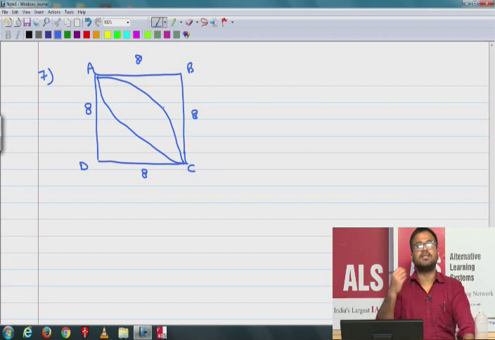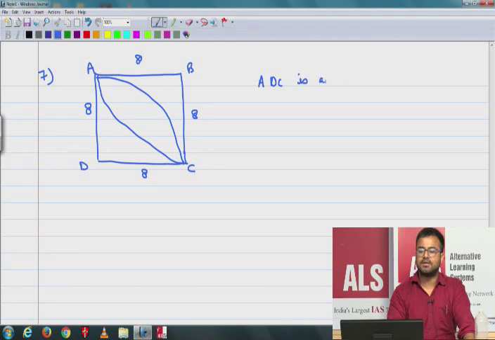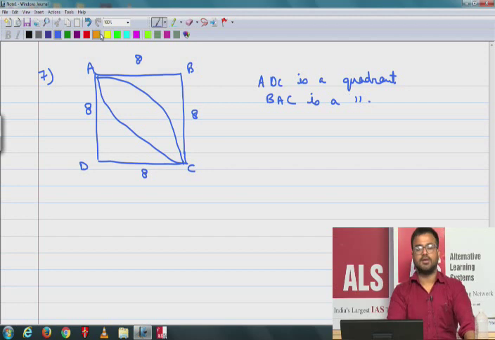So basically these are the two quadrants. Like if you talk about it, ADC is a quadrant. Quadrant means 1/4 of a circle, and BAC is a quadrant. These two are quadrants of the same circle. So radius is 8, and you have to find the area for the shaded region between these.